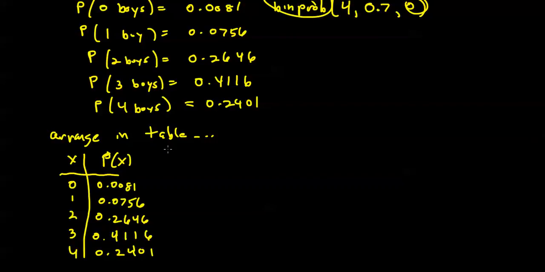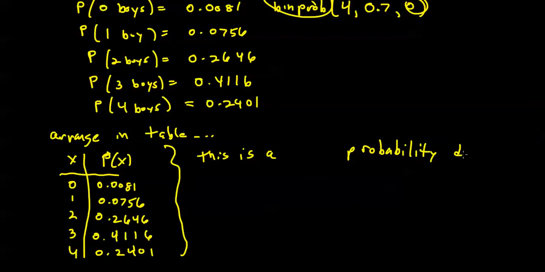Alright, as you may recall, this takes the shape of our first forays into Chapter 5. This is a probability distribution. Remember, a probability distribution distributes one unit of available probability amongst all possible values of a random variable.